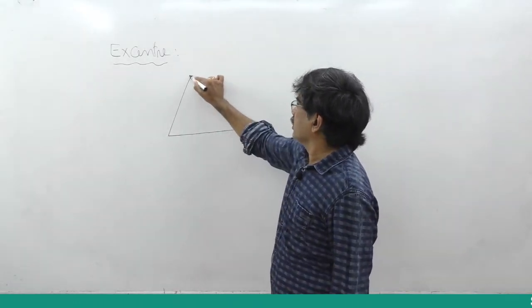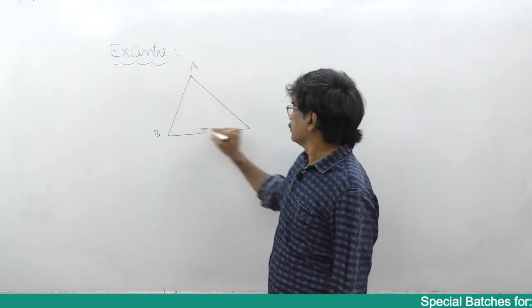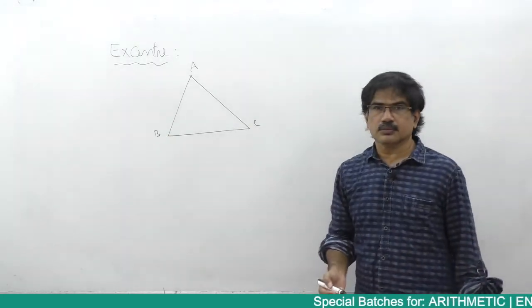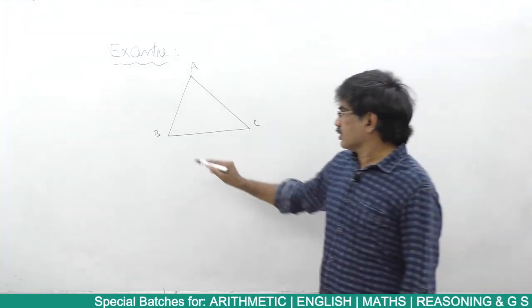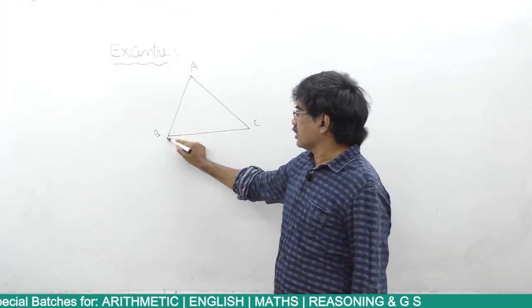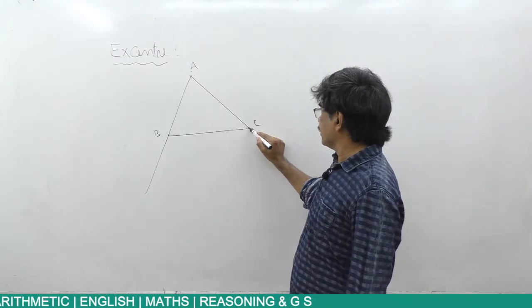This is a triangle ABC. Extend the sides AB, AC.